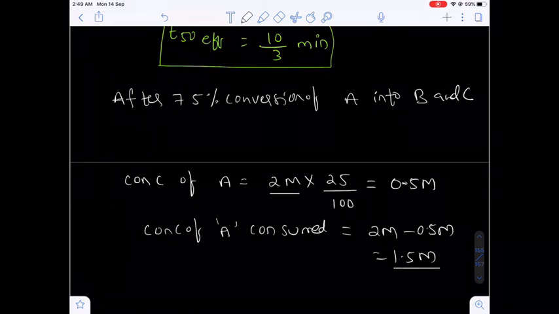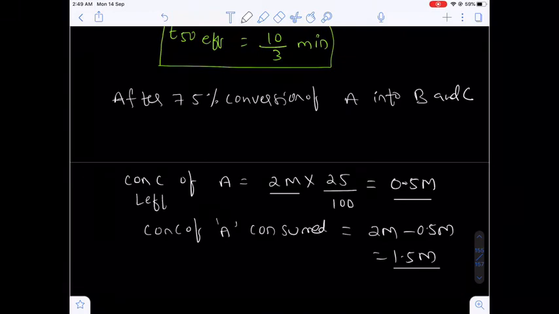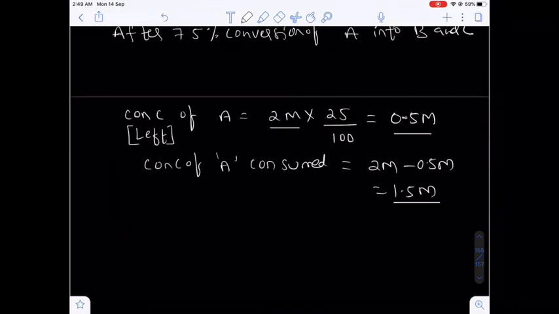Yes or no? Total 2 molar, and the concentration of A left after completion of 75% will be 0.5 molar. That means 1.5 molar of A is consumed. Now this 1.5 molar will be distributed into B and C. So first of all I am calculating the concentration of B.